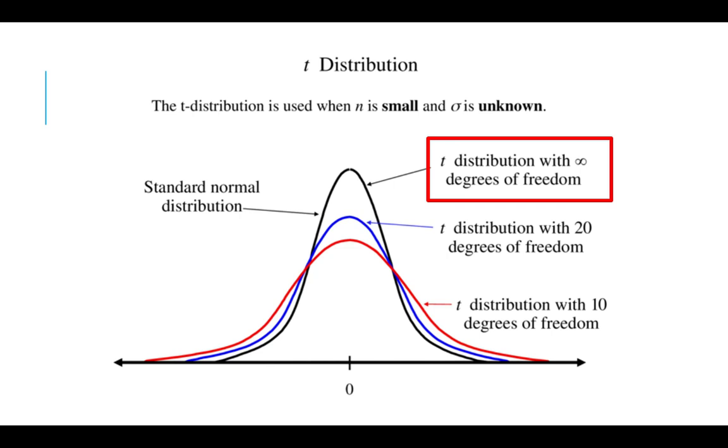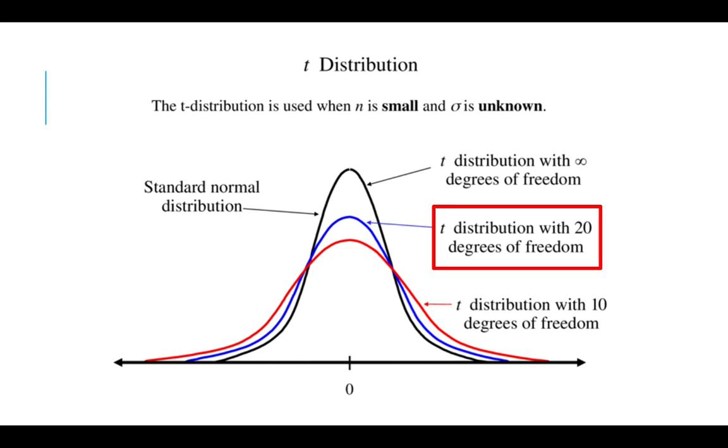But remember we said t-distributions are helpful when we have small n. Here we've got 20 degrees of freedom, which is going to be a pretty small n. Look what's happened to our t-distribution: a little more uncertainty. Shorter, wider, more area in the tails.